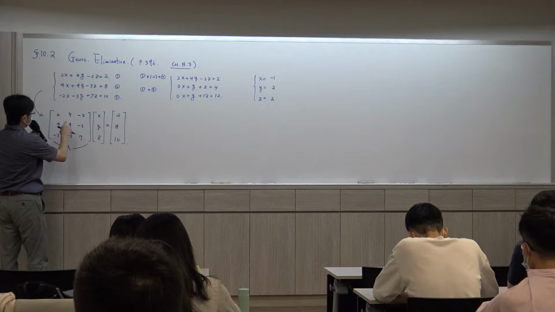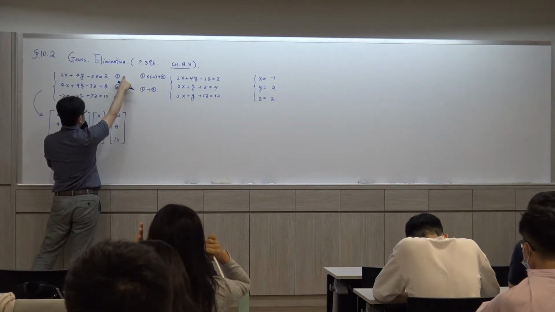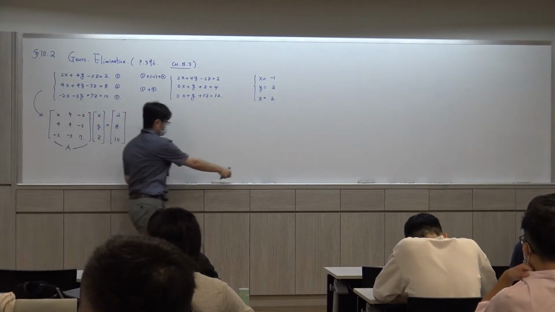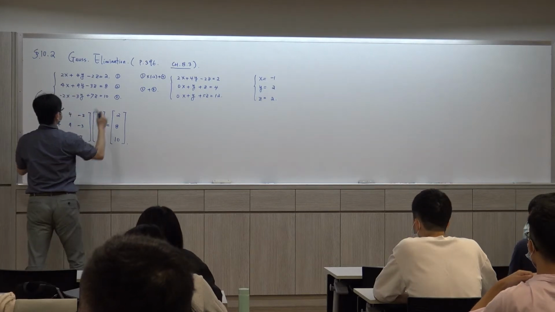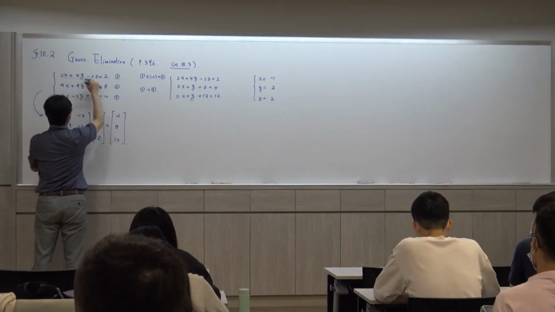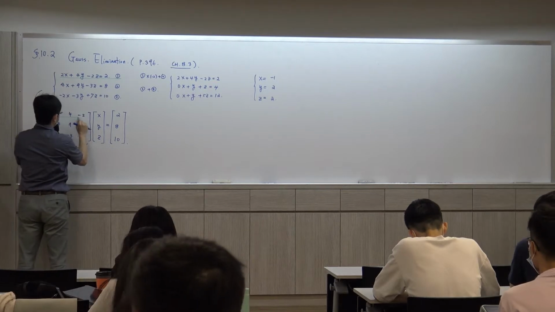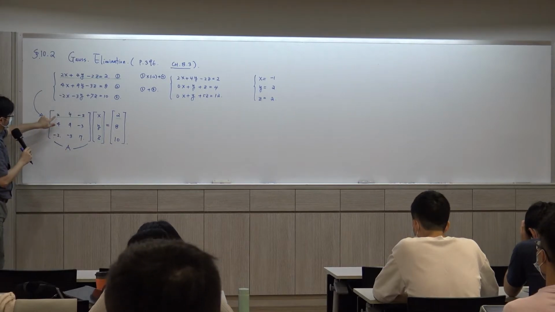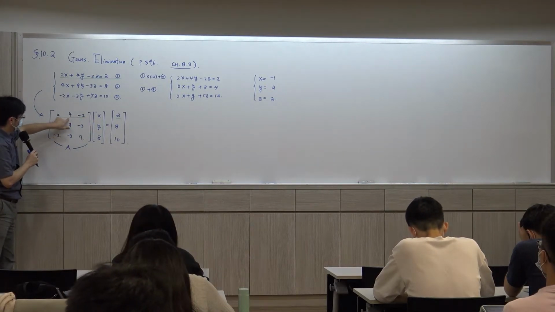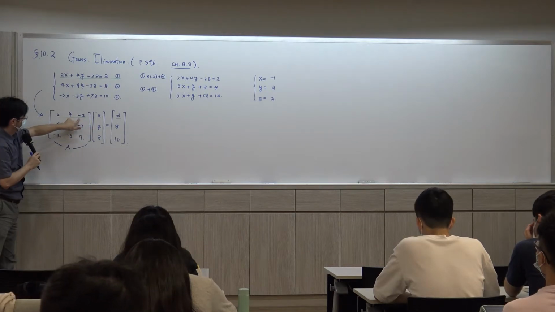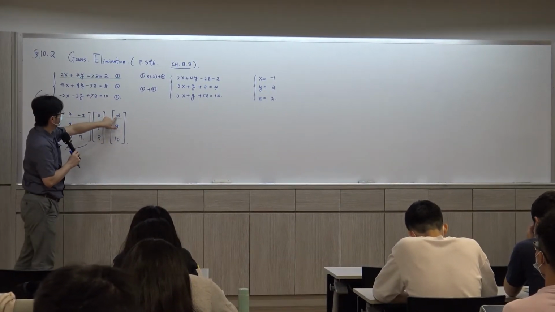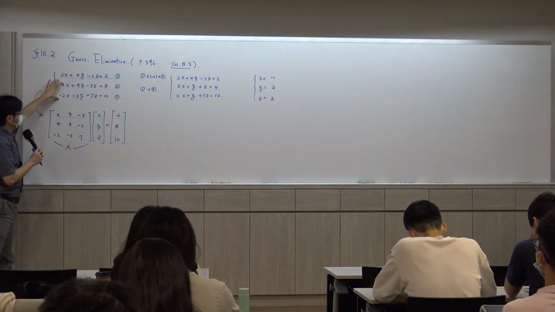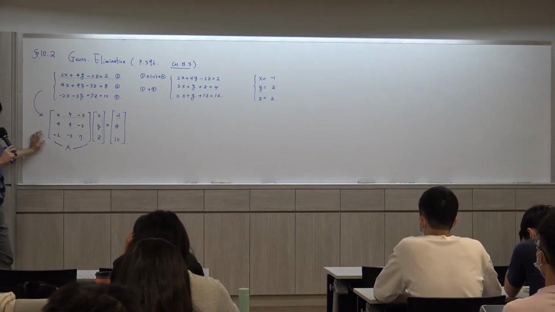So as you can see, equation number 1 is that 2x plus 4y minus 2z equals 2. So that's how we rewrite the three equations with matrix.